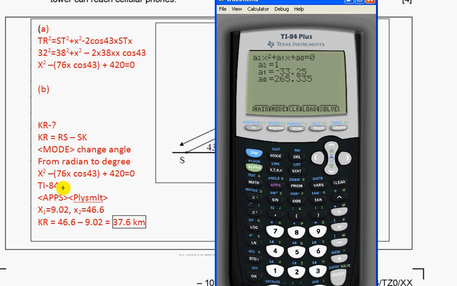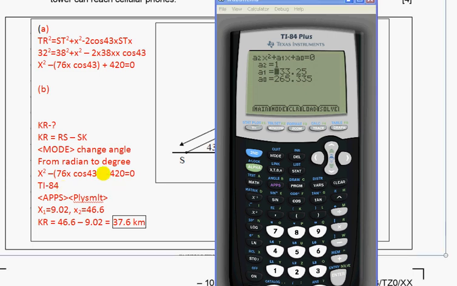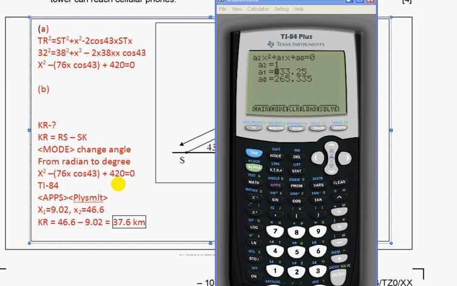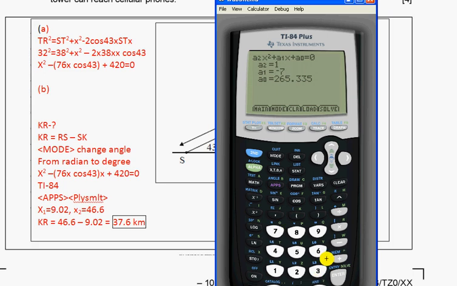The coefficient in front of x is minus 76 times cosine 43, bracket closed, and the last element is 420, the last term. Solve. So we have two solutions, and if we subtract these two solutions, we'll get what they ask.